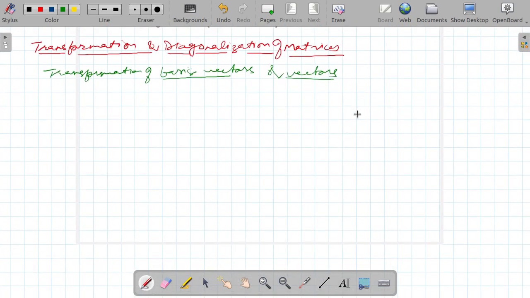I also talked about these topics in the course of electrodynamics in more detail. So these are the basis vectors in the two different frames.